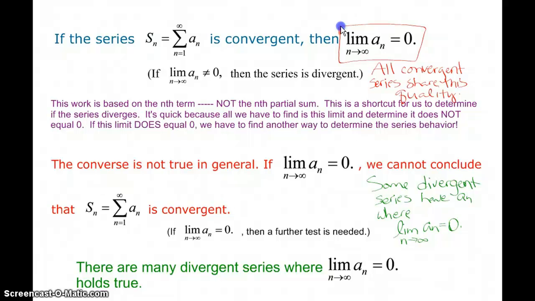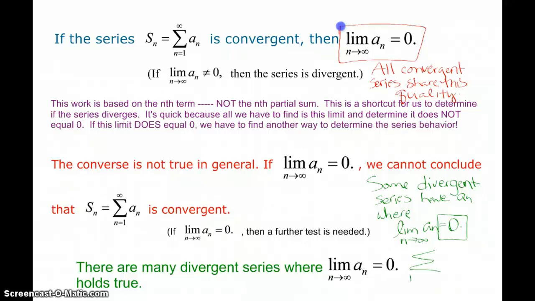Those we can't find using this test. If we put our nth term into this limit and we get 0 for an answer, that's inconclusive for this test. It tells us nothing about what our nth term is doing.